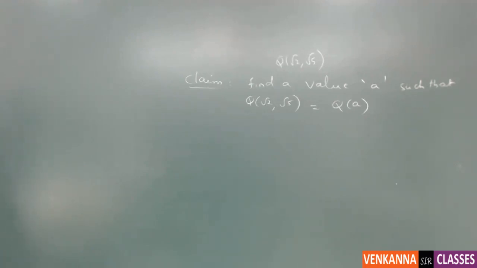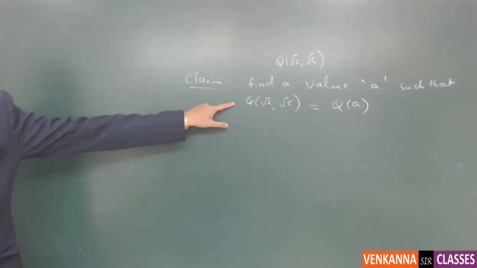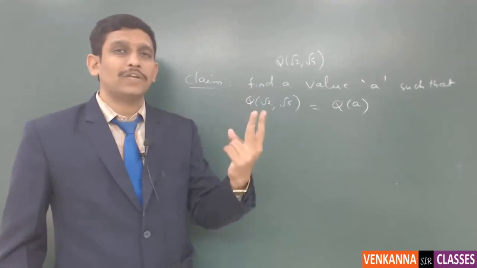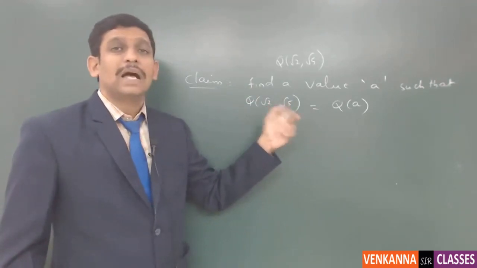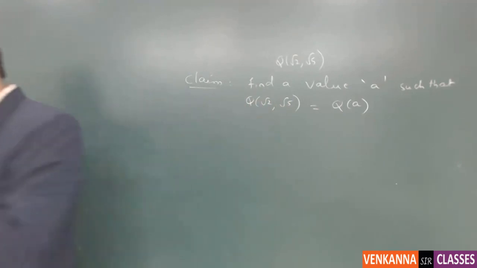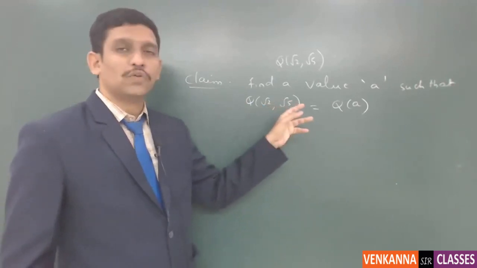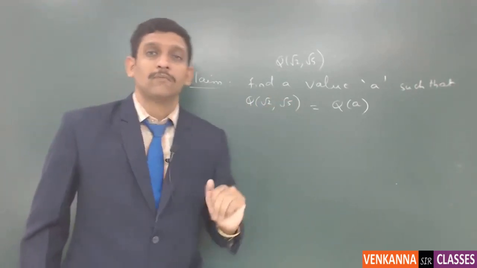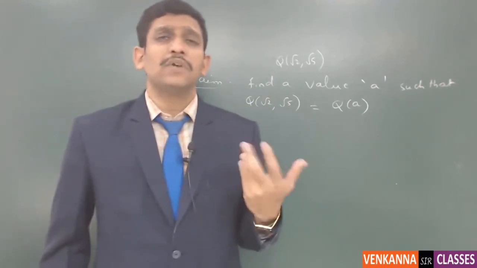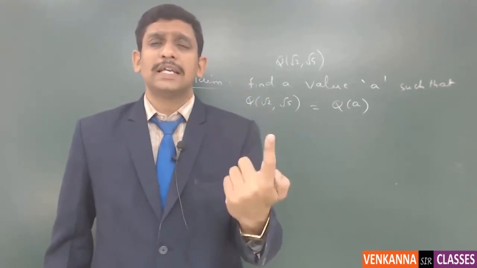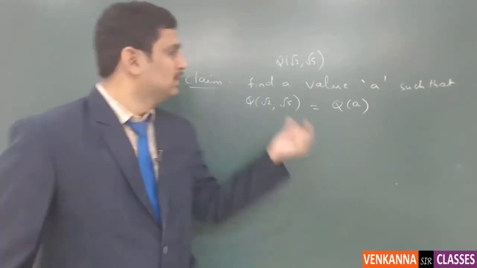So the underlying idea here is, if you observe, this is a field which has two values, root 2 and root 5, other than Q. Accepted? So this set contains the values generated by root 2, root 5 apart from Q. So our intention is, can we find a set with a single element instead of two elements, such that these two are equal?